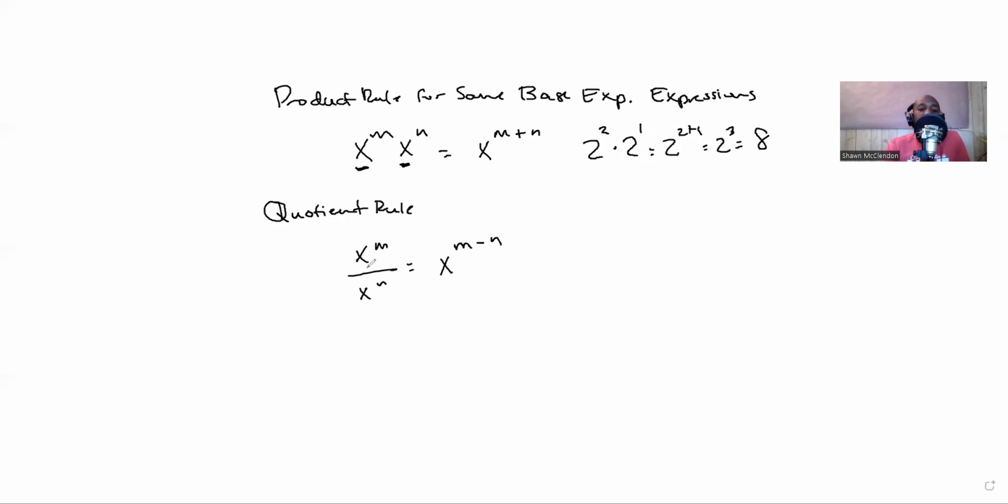In other words, you have two numbers of the same base and each is being raised to an exponent. One is being divided by the other one. Then you can subtract the exponents. So if you had 2 squared over 2 to the first power, that's the same thing as 2 to the 2 minus 1, which is 2 to the first power, which is just 2. Okay. Easy enough. All right. Okay. Power to a power.